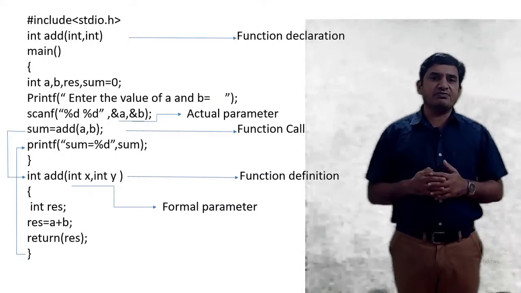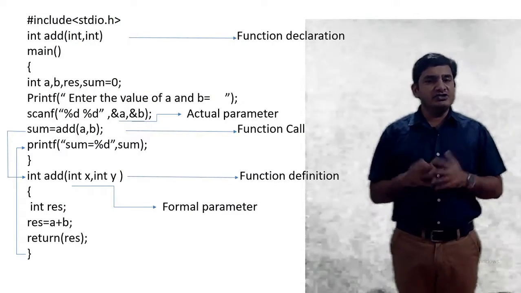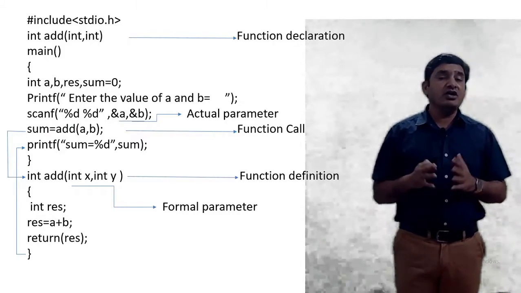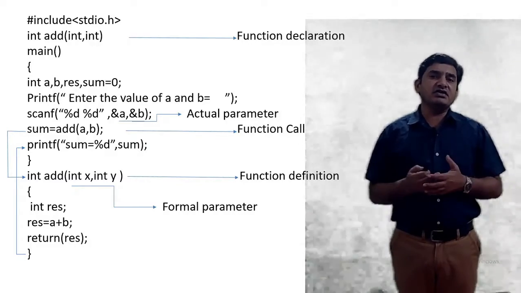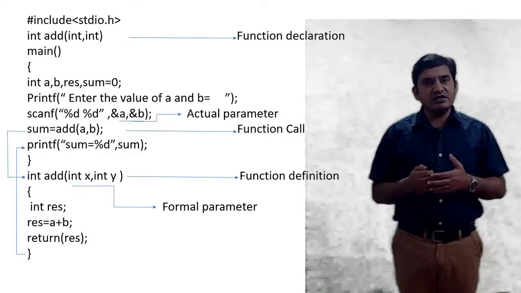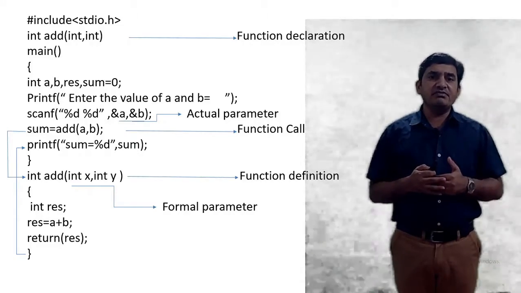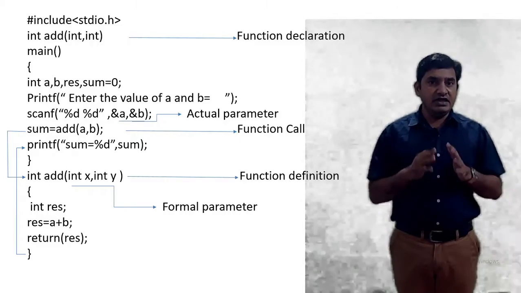Now consider this program. First is #include, which is a preprocessor directive. stdio.h means standard input output, and .h means header file. Now we have to declare the function. For that we use a data type. Integer is a data type, and add is the name.